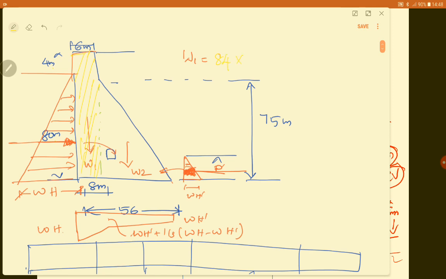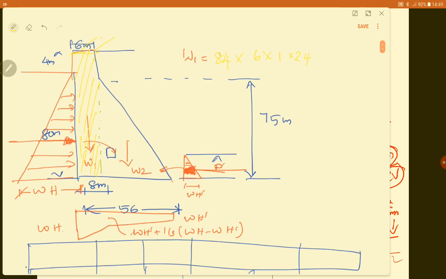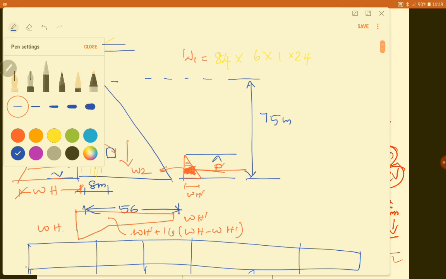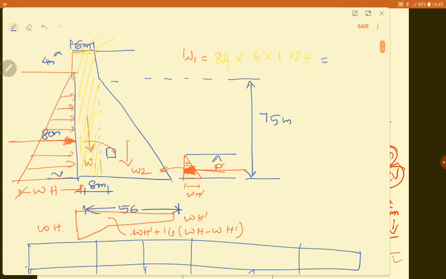What is the width of the rectangle? 6 into, you will be considering 1 meter, right? So into 1 into, what is the material? It's concrete, means 2.4. It is already given in the question, weight of the concrete is taken as 2.4. So this is the value of the W1. Okay. So what is the value of W1? You will be getting it as 1209.6.